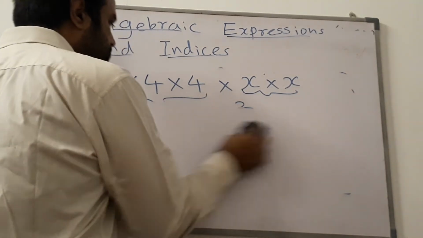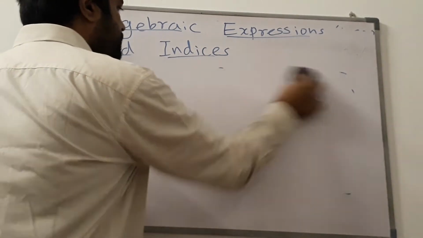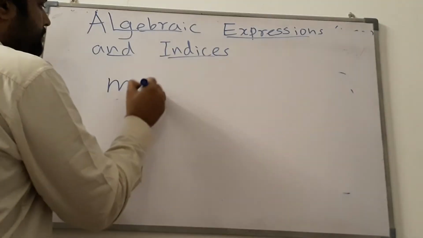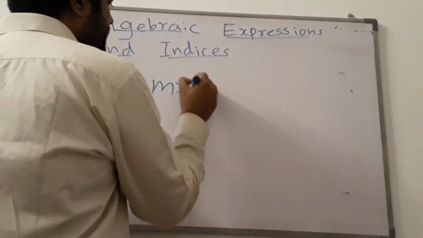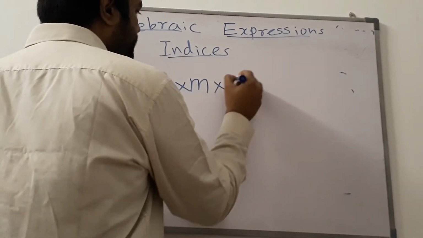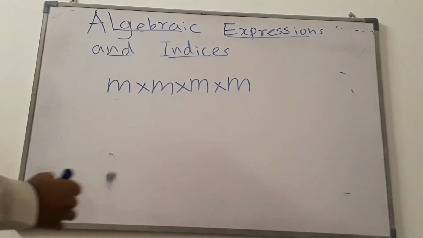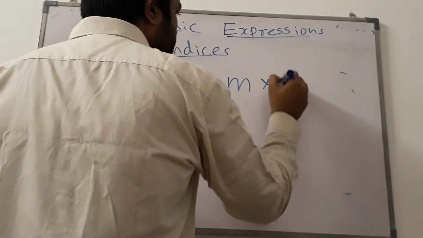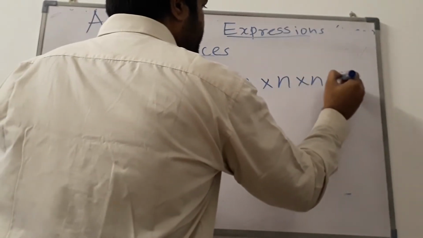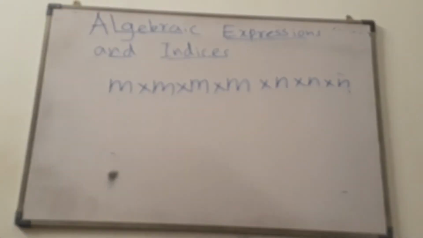Same as, if we are to multiply m by itself 4 times and n by 3 times.